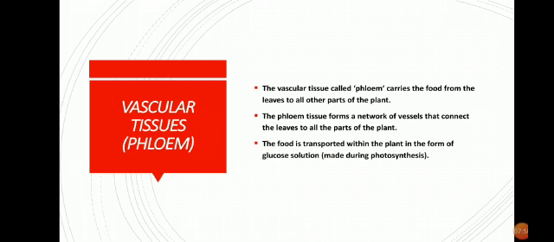The food which is made in the leaves during photosynthesis consists of glucose, and it is transported within the plant in the form of a glucose solution. Now the force which is needed to push the dissolved food in the phloem vessel is generated by the living phloem cells present in the phloem tissue of the plant.